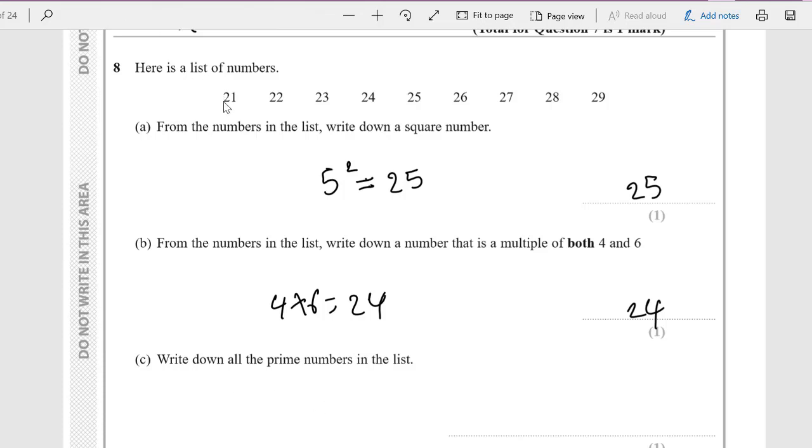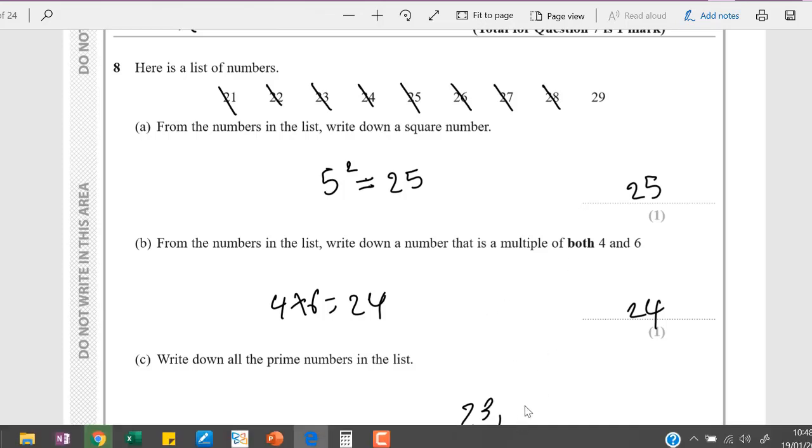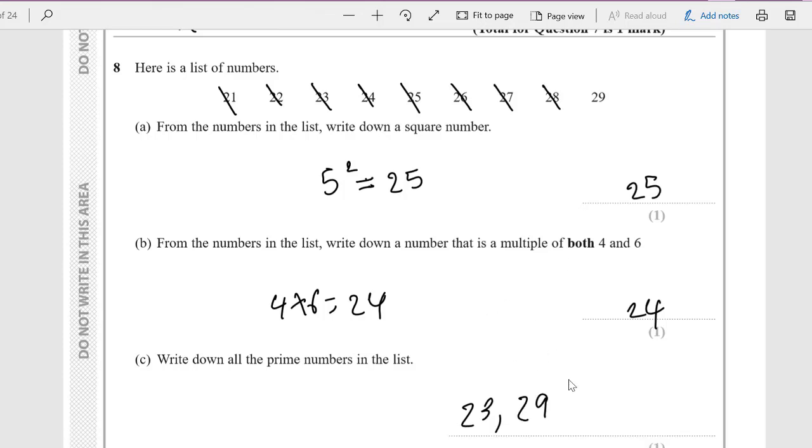So let's go through it. This can be divided by 7, can be divided by 2, 23. Okay, so that's our first prime number. This can be divided by 2, can be divided here by 5, can be divided by 2, can be divided by 9, can be divided by 2, 29. Okay, so that means that 29.